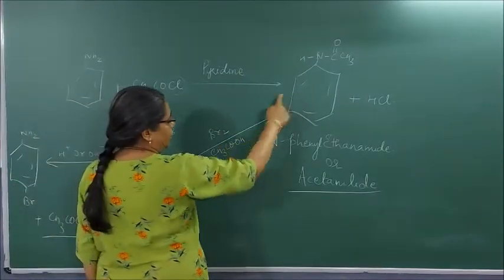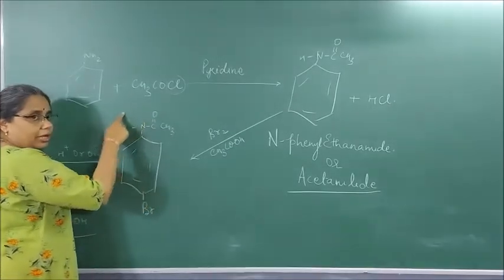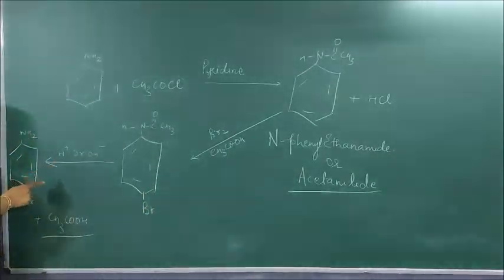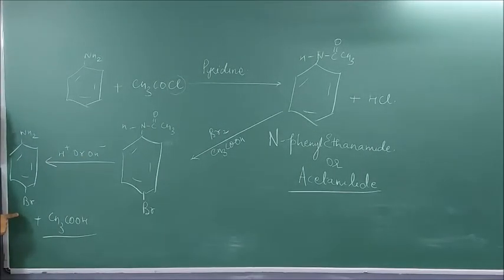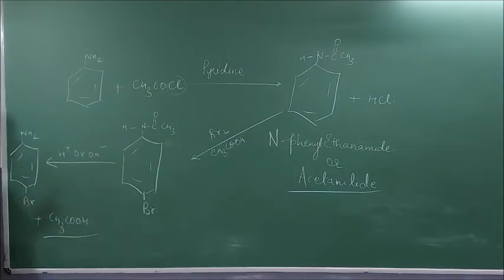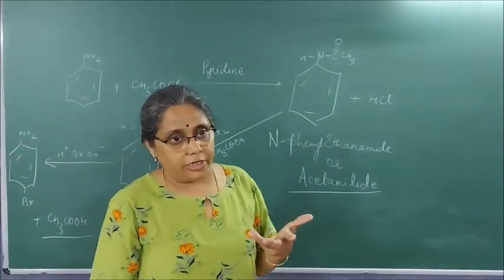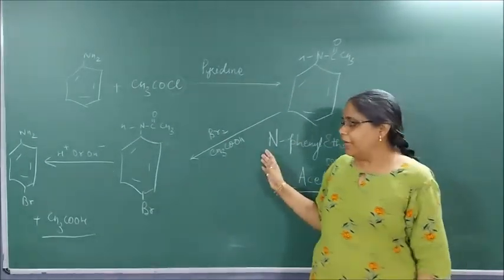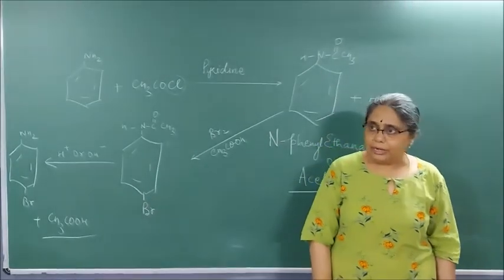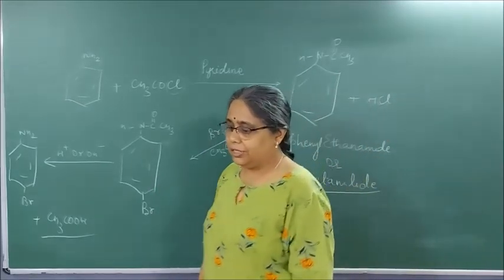Now this compound, when it is brominated, forms what? Para-bromoacetanilide. When this is hydrolyzed in presence of either acidic or alkaline medium, it gives you what? Para-bromoaniline. It also gives ortho-bromoaniline, but the ortho-bromoaniline which is formed is a very minor quantity. So the reaction always proceeds taking the major product. So we have taken the major product and completed our reaction. It should all be written in one line. Okay. Now write next.